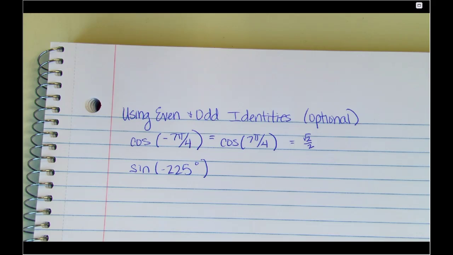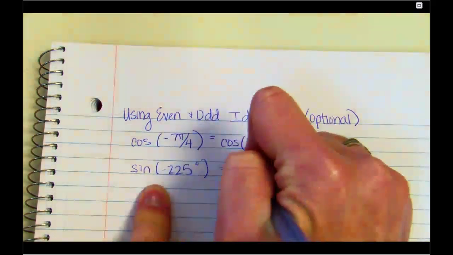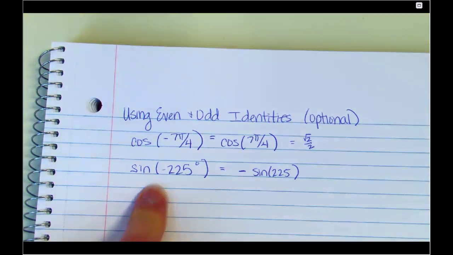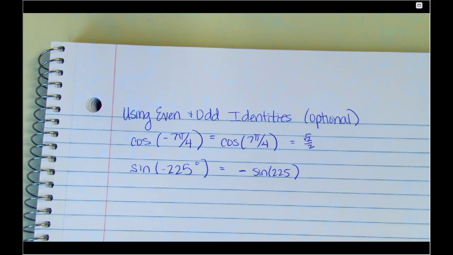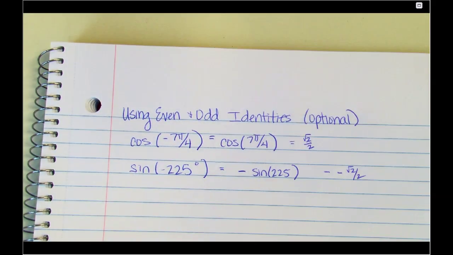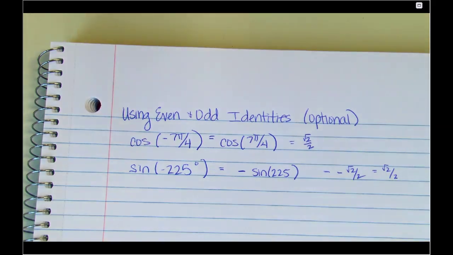You could add 360 and do the whole coterminal thing, or you can use this identity that says, oh, the sine of a negative angle is going to be the opposite of the sine of the positive one. So 225, the sine of that is negative square root of 2 over 2. But it's the opposite of that, so it would make it positive square root of 2 over 2. So this is just like a shortcut.